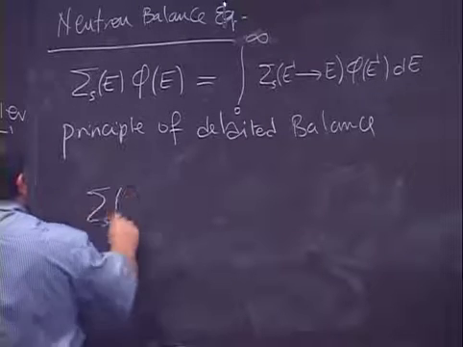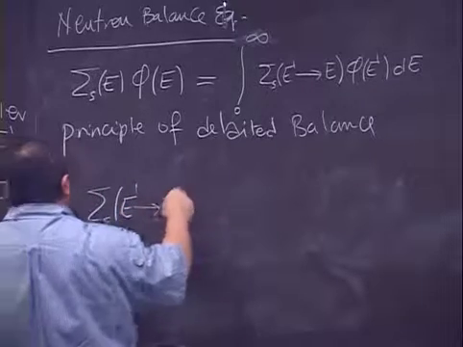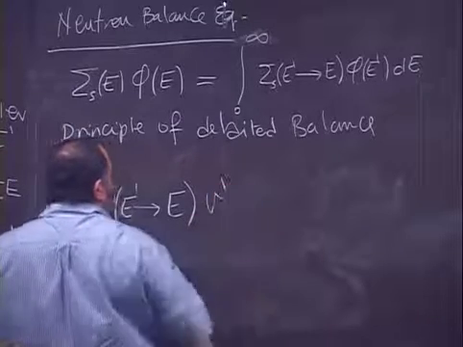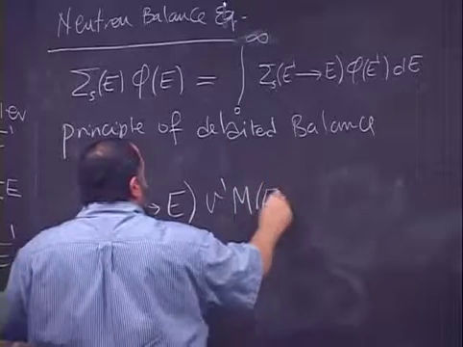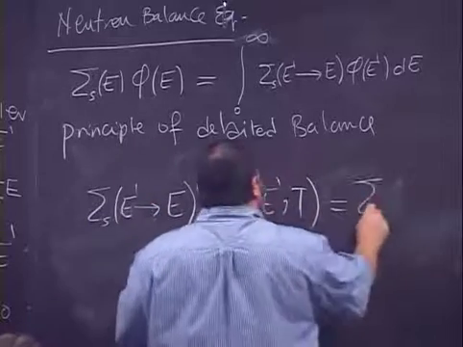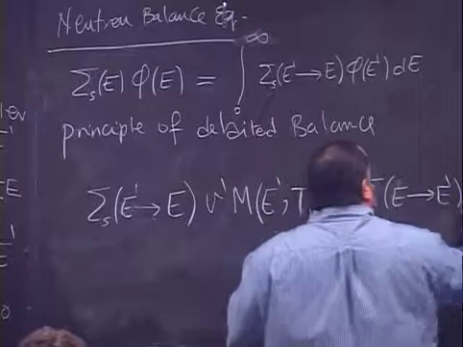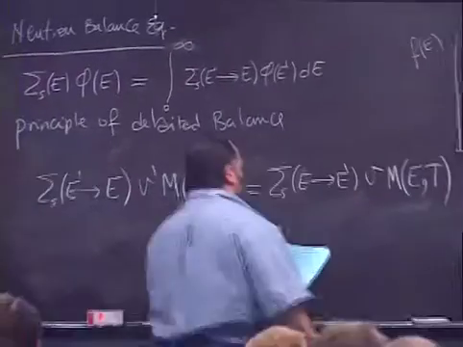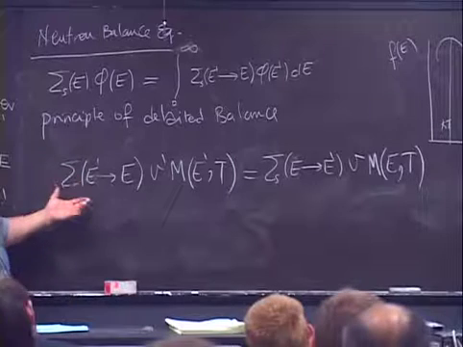We will have sigma scattering, no matter what the shape of this is, from energy E prime to energy E multiplied by the flux, but the flux is just the velocity V prime multiplied by the number, and the number from a Maxwellian is M of E prime and temperature T, which is always equal to sigma of E going to E prime multiplied by the velocity V multiplied by M of energy E and temperature T. So this is the principle of detailed balance.